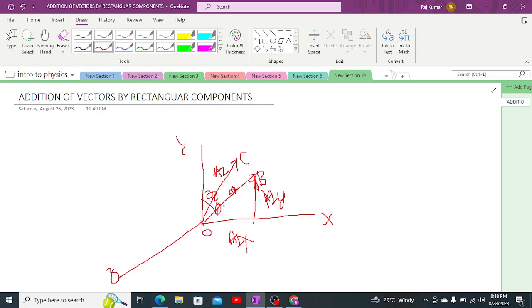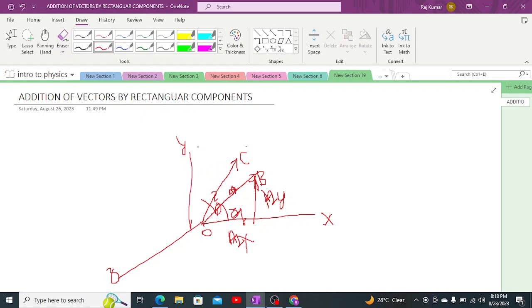Sorry for the interference here. This is theta 1. This is theta 2. These are making angles theta 1 and theta 2 along the x-axis.